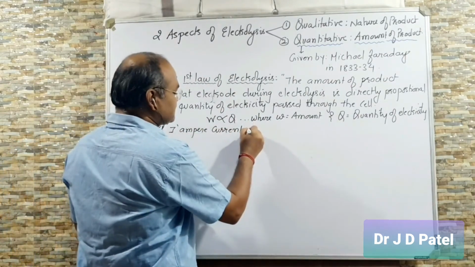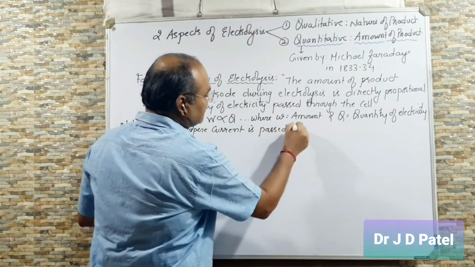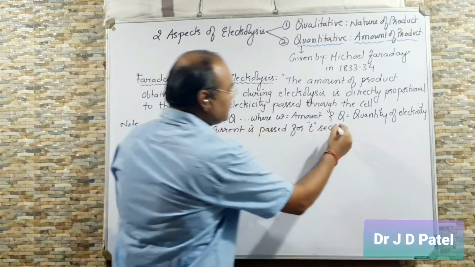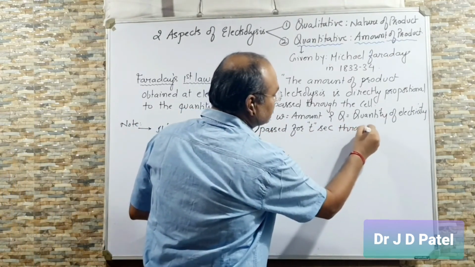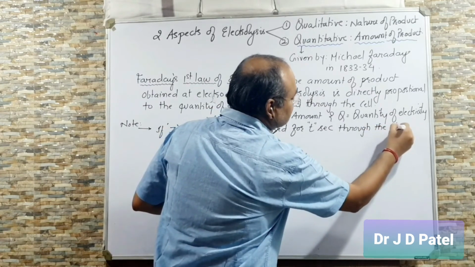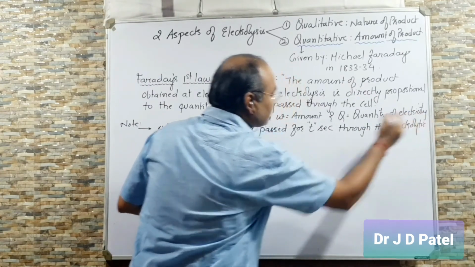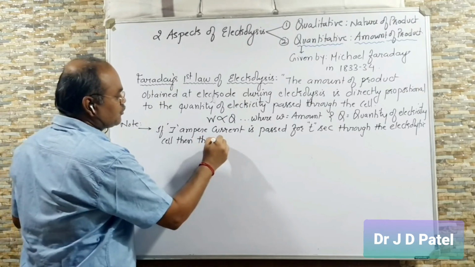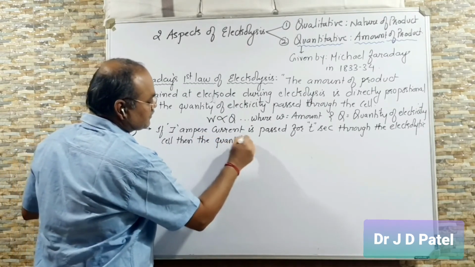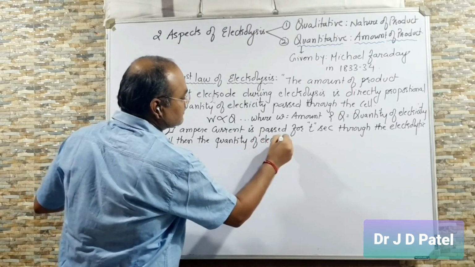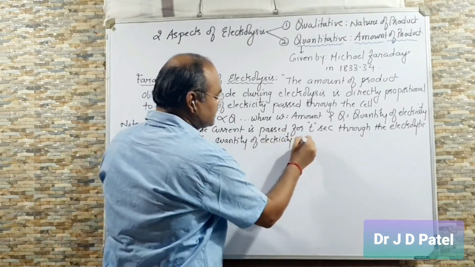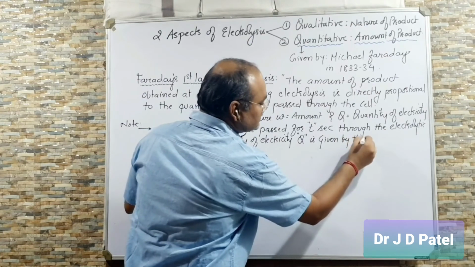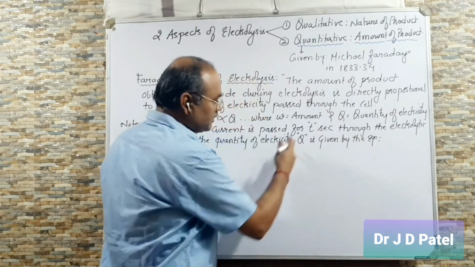If I ampere current is passed for T seconds through the electrolytic cell, then the quantity of electricity, it is Q, is given by the equation you might have studied in physics.